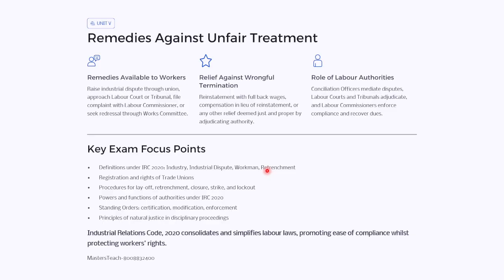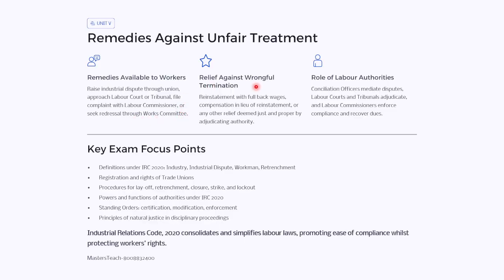So remedies against unfair treatment. Remedies available to workers: raise industrial disputes through unions, approach the labor court or tribunal, file a complaint with the labor commissioner, or seek redressal through the worker committee.